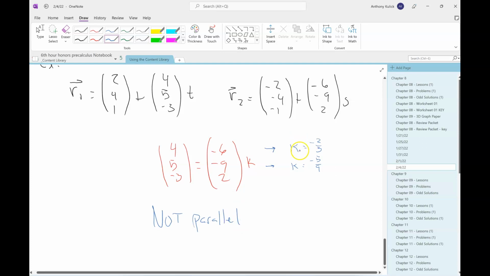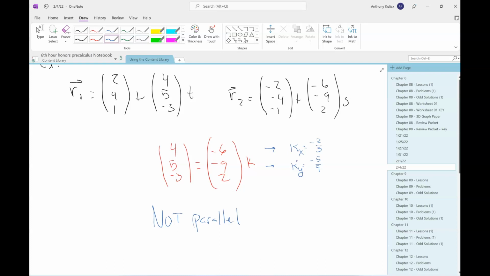Maybe I should call this kx, ky. Maybe that makes it a little bit clearer what I'm doing. But whatever, right? Point of the matter is they're not parallel. Everybody agree? Again, you might have been able to do that on inspection. Not unreasonable.